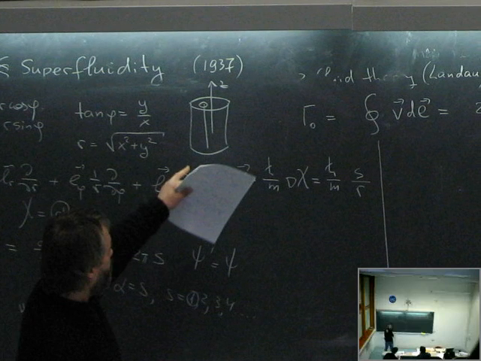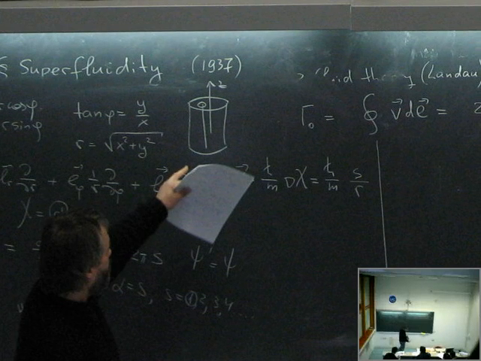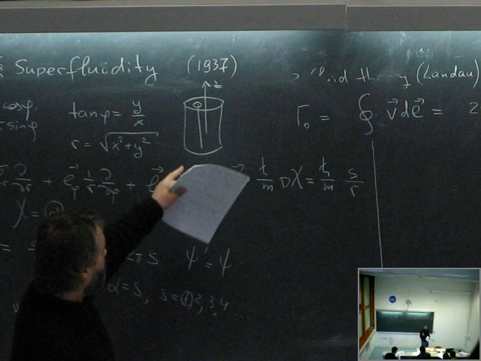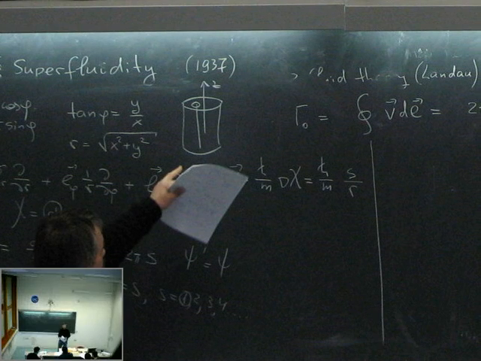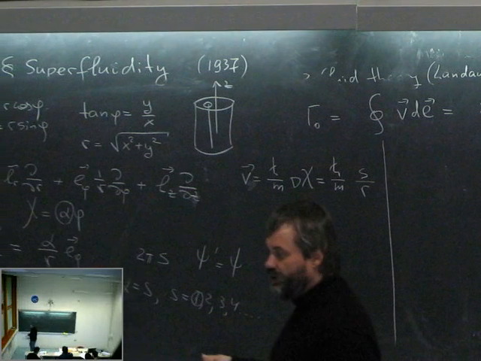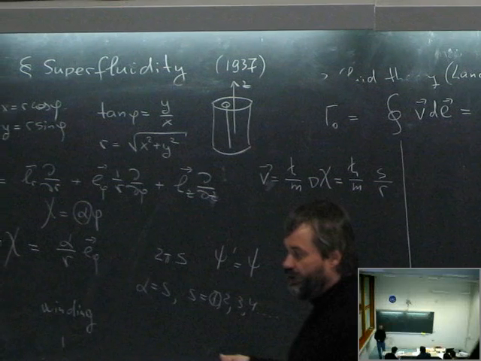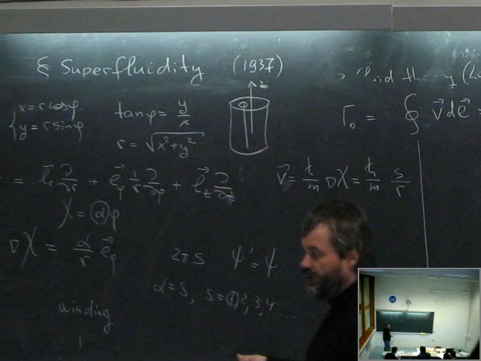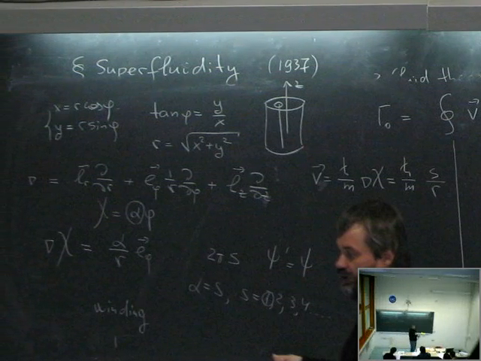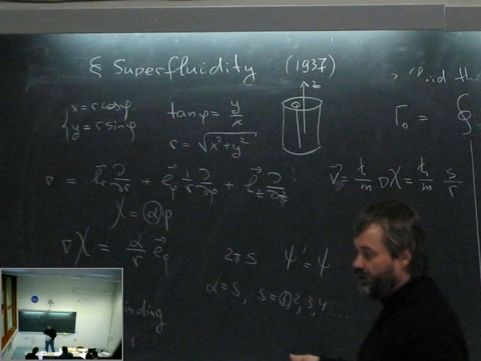If you rotate it more and more, there will be more vortices, and eventually all vortices will melt together and the superfluid substance will be destroyed. So the creation of vortices is a mechanism of destruction of your superfluid substance when you start to rotate it in the reservoir.